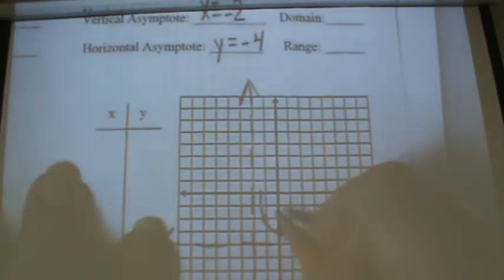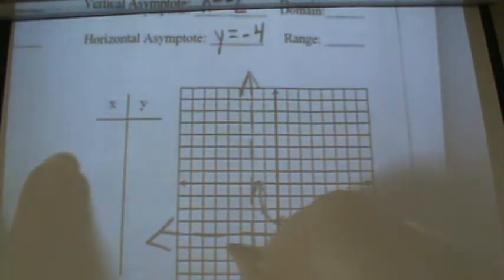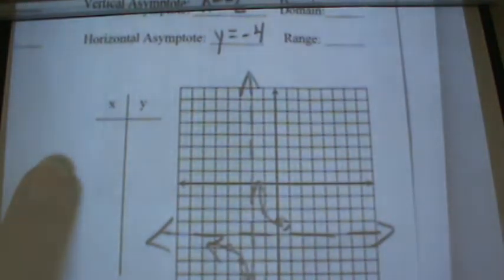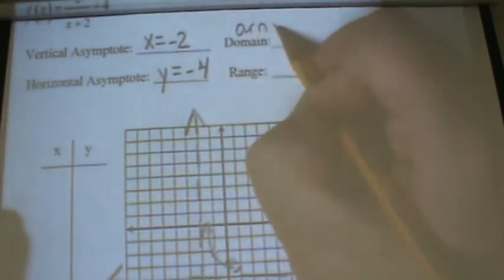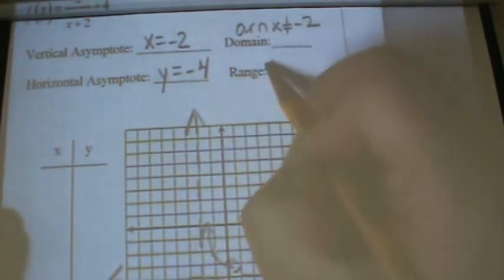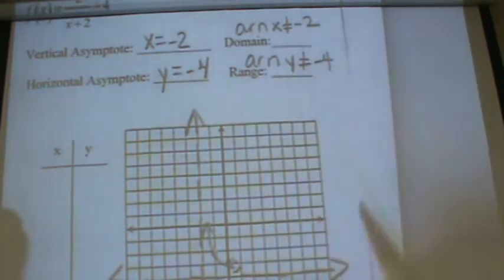Is that better? That's what your graph should look like. And again, your domain would be all real numbers, x cannot be -2. All real numbers, y cannot be -4.